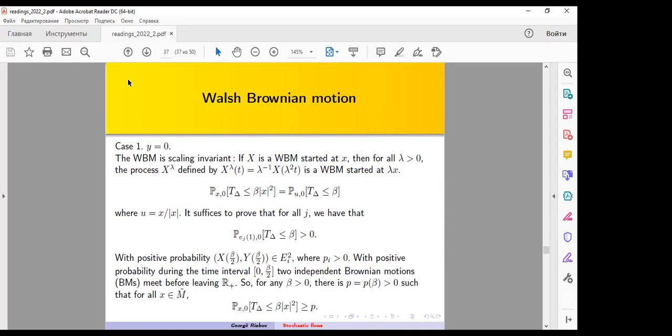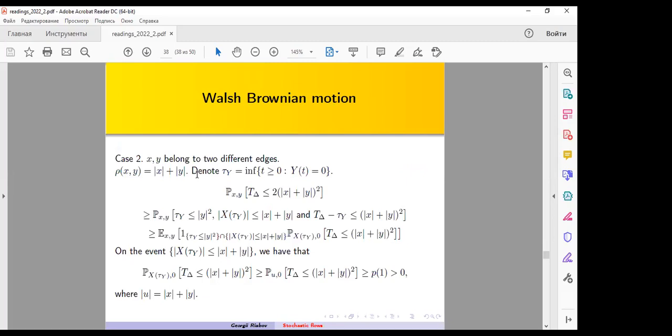But it is easy to see that this probability is bigger than 0, because once these trajectories are on the same edge, there is a positive probability that independent Brownian motions meet before hitting zero. Hence, we proved that for any beta bigger than zero, there is P which bounds this probability from below.